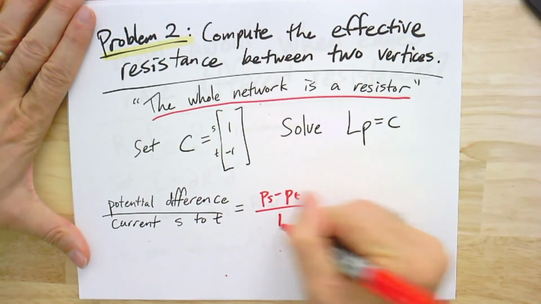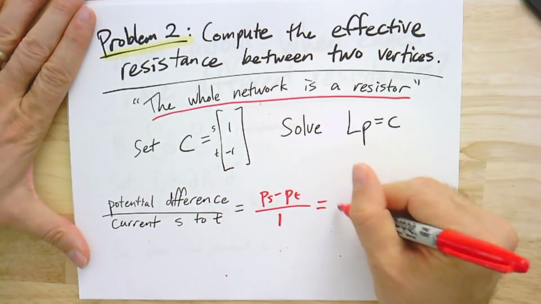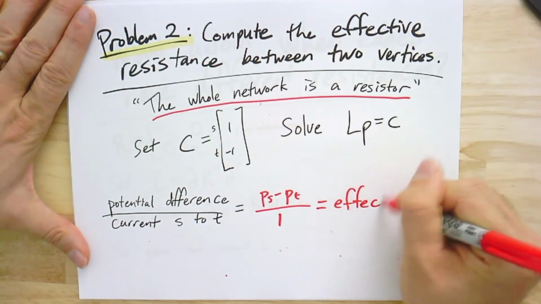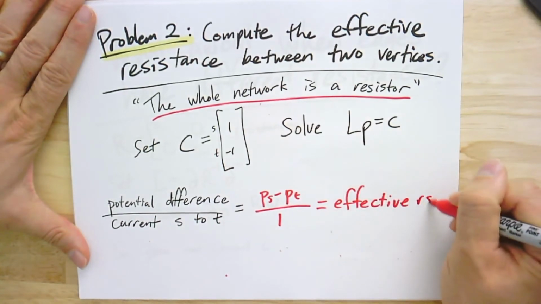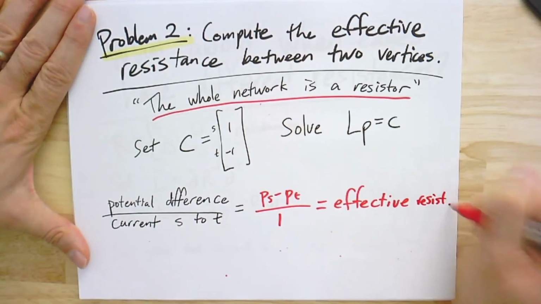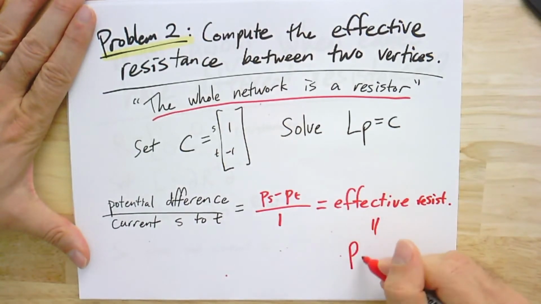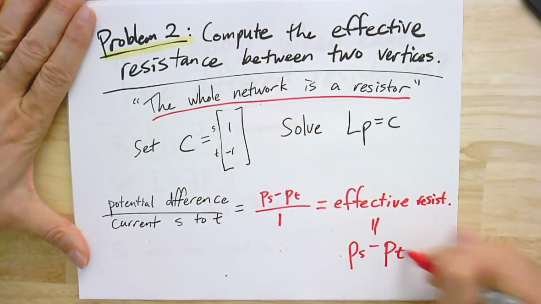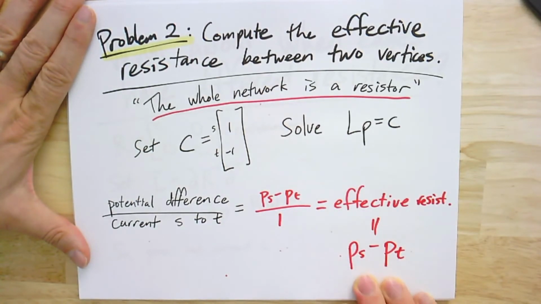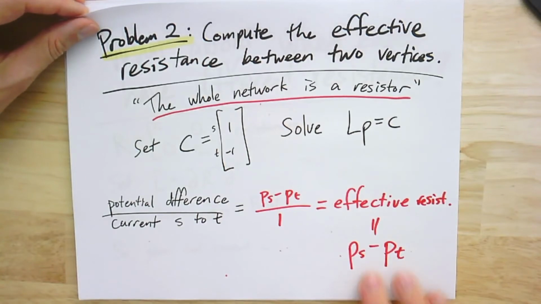Now, it's just 1. It's going to be equal to that effective resistance. So that's, again, just PS minus PT. So when I solve for the potential, I can also get the effective resistance just by looking at the difference in potential.